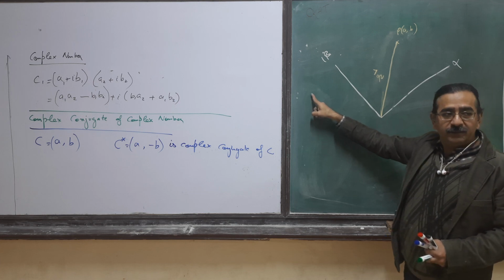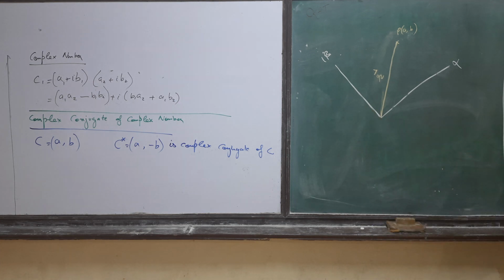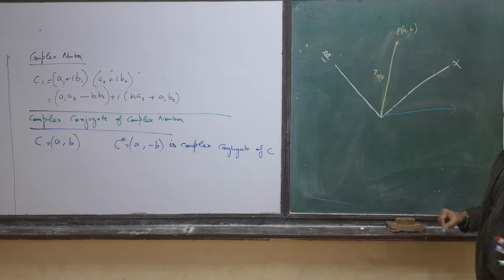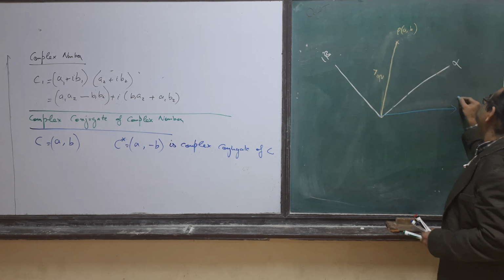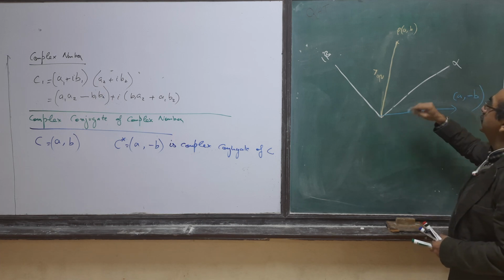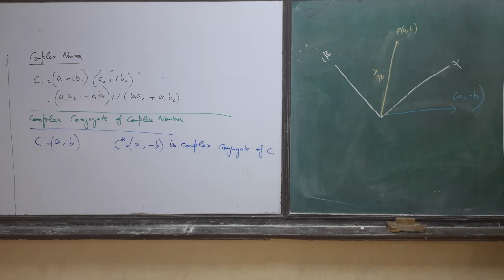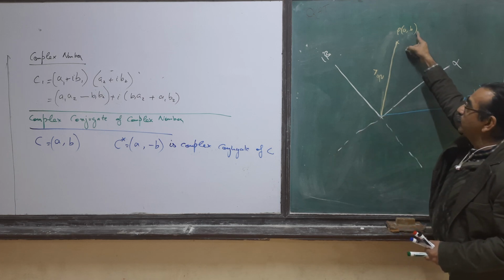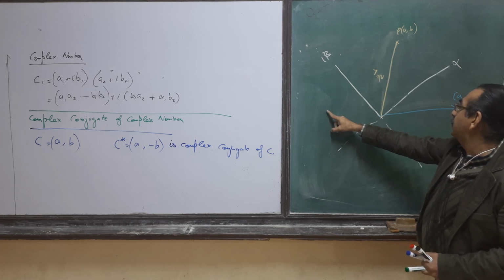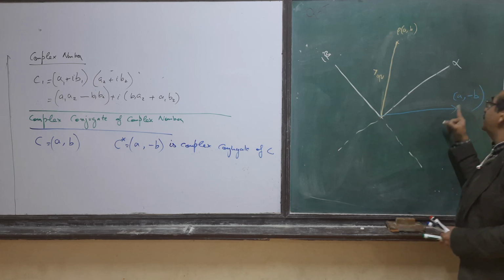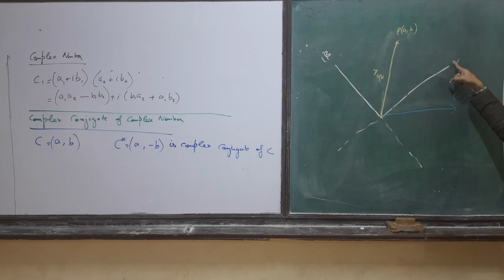According to the complex conjugate, A will be positive and B will be negative.